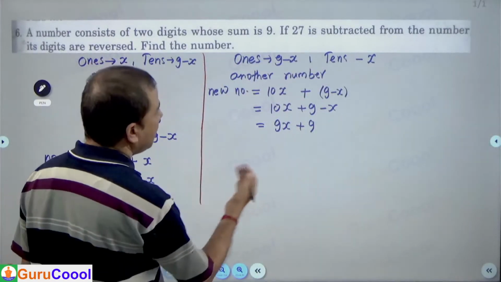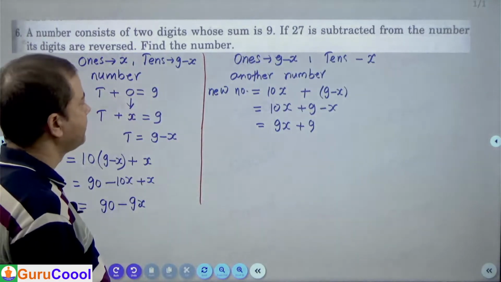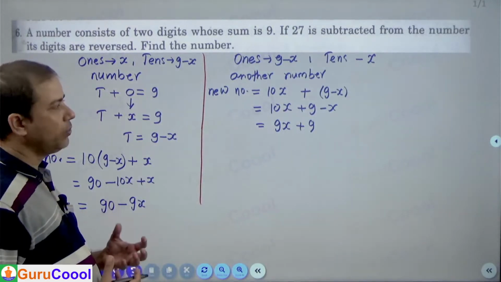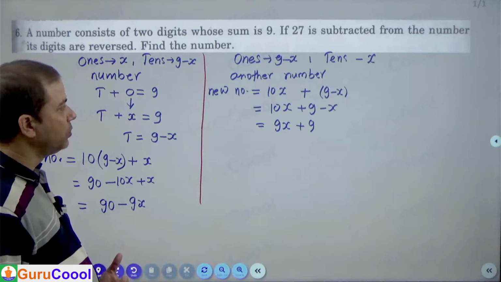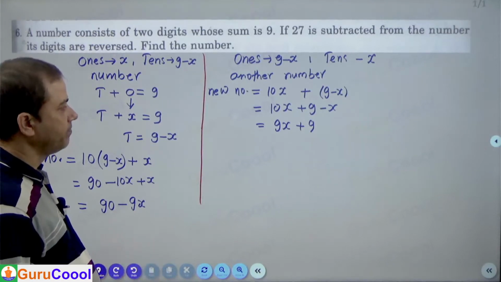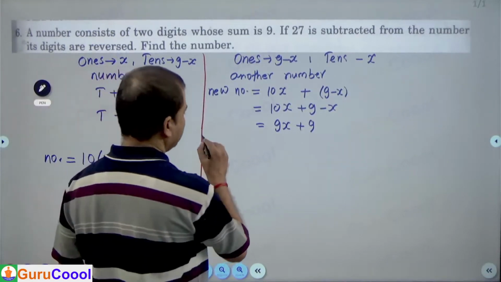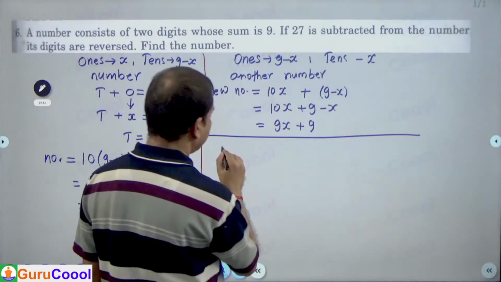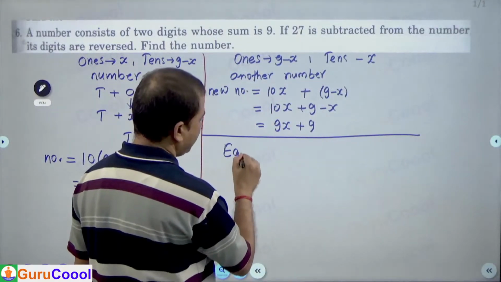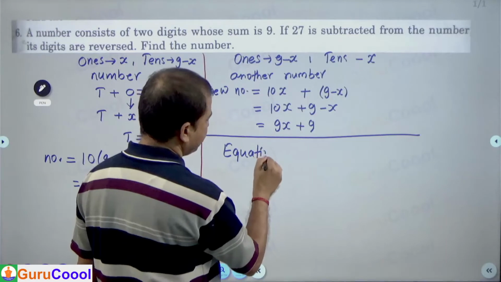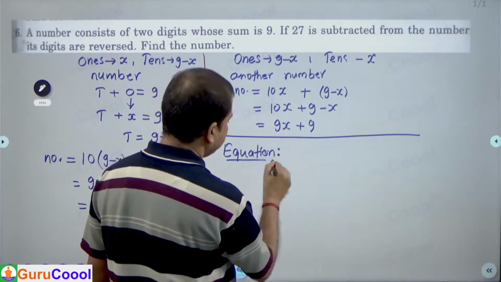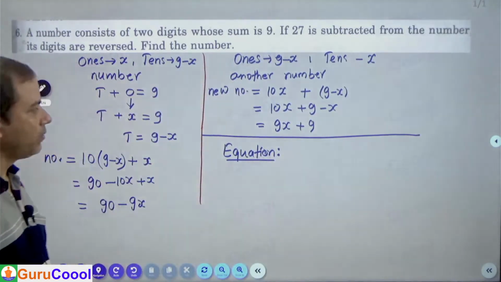But still we don't have an equation. We have to use some other clue to create the equation. Try. How can we create the equation then?